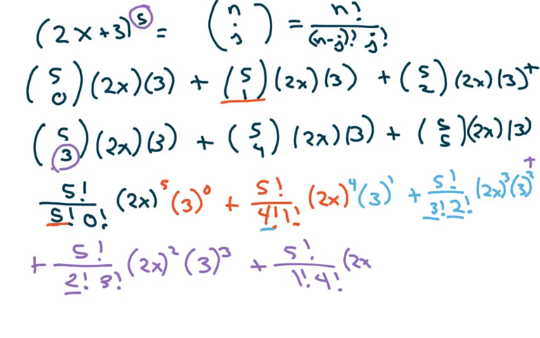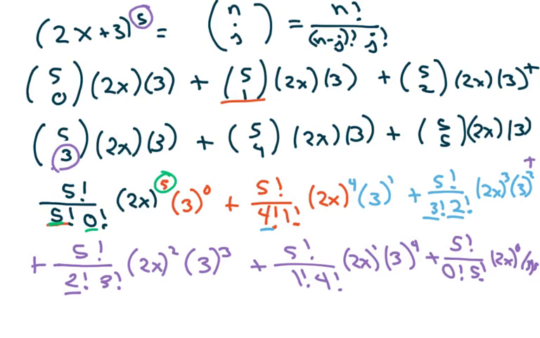So it's going to be 2x to the 1, and then 3 to the 4th, plus 5 factorial, and put the 5 factorial here, and the 0 here. And that's going to be 2x to the 0, and then 3 to the 5th. So you can see it. Basically I switched it so these match. The 5's match and the 0's match.